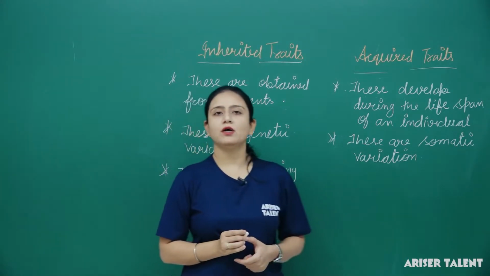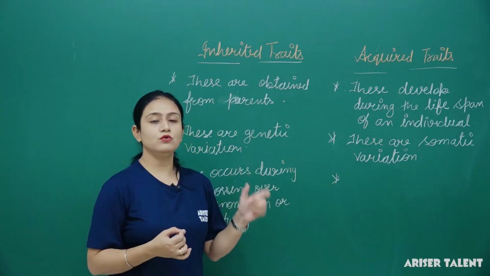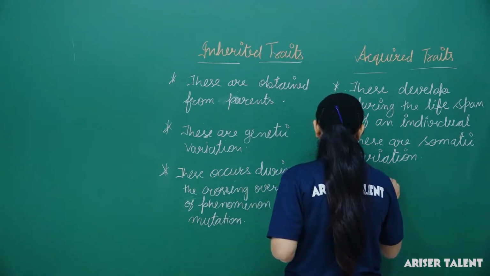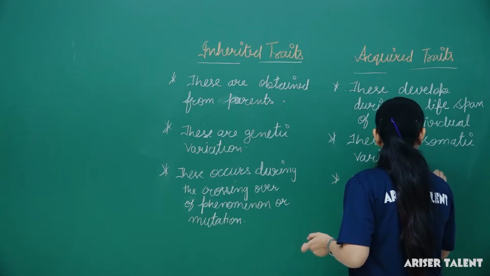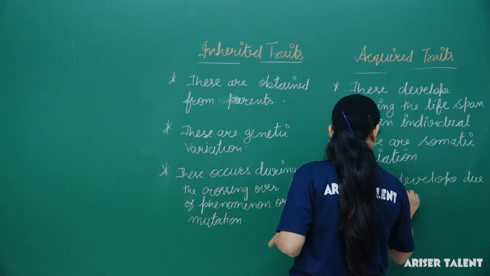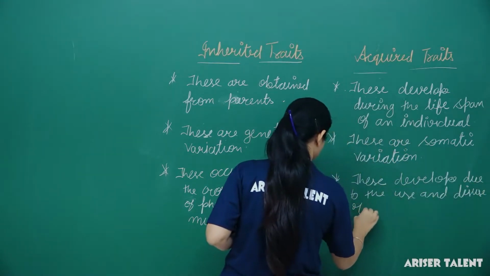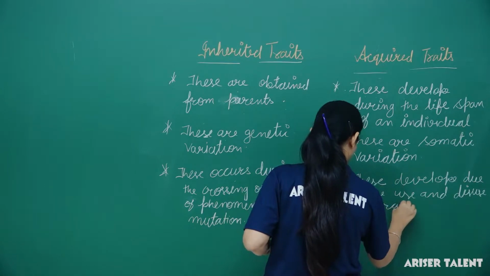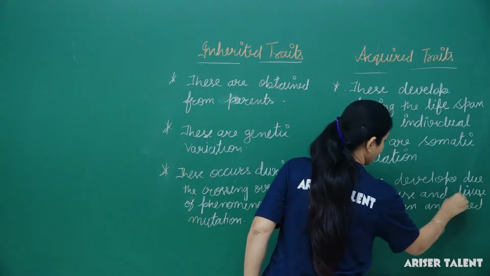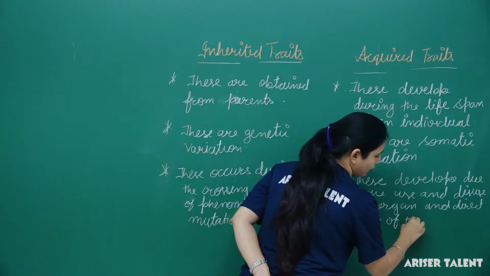Okay, but if we talk about acquired traits, we must say that these develop because of the use or disuse of the organ and the direct effect of the environment.